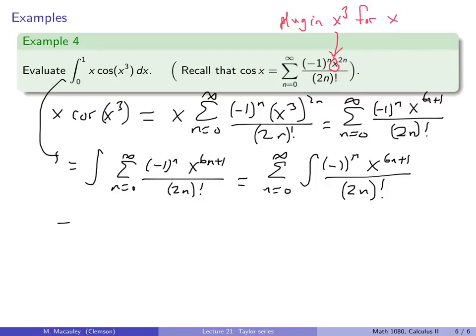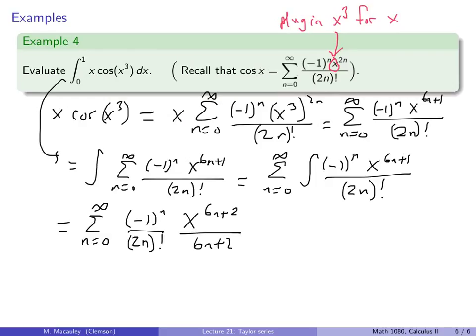And so this is the infinite sum, n equals 0 to infinity of, okay, let's see, negative 1 to the n, that's a constant. 2n factorial, that's also a constant. Then we have x to the 6n plus 2 over 6n plus 2. Now let's not forget our plus c.